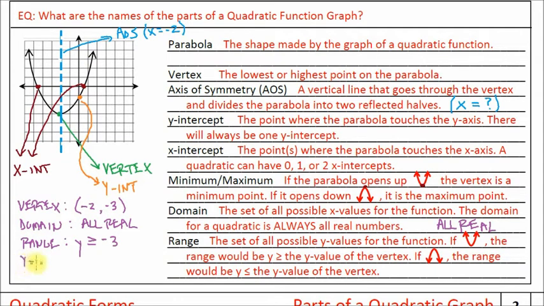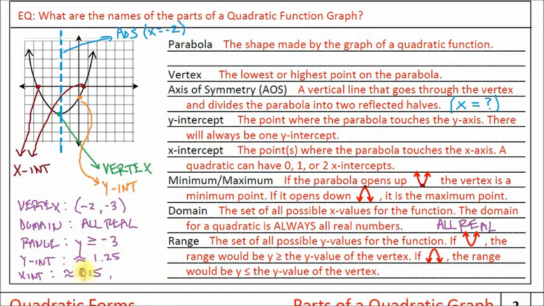Here, our y-intercept, it looks like it's approximately, let's use the approximate symbol, it's like an equal sign with wavy lines, approximately 1.25. And our x-intercepts are going to be at about 0.5, and I'll put a comma there.